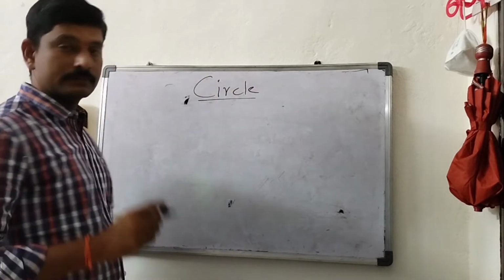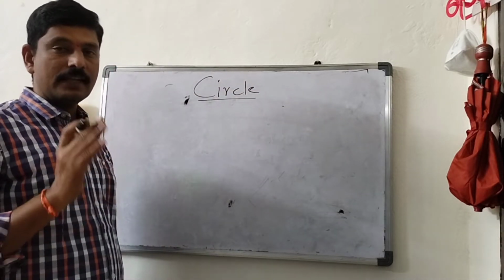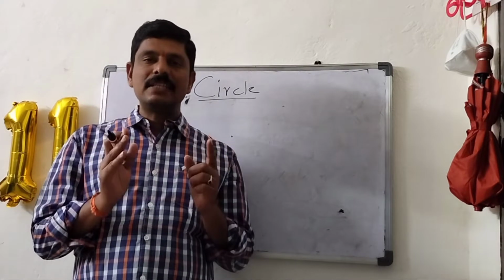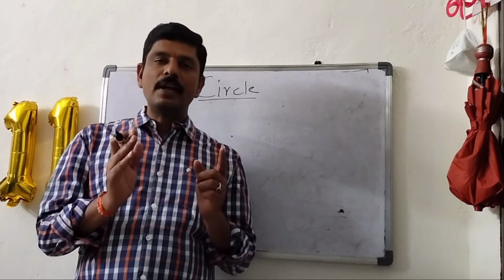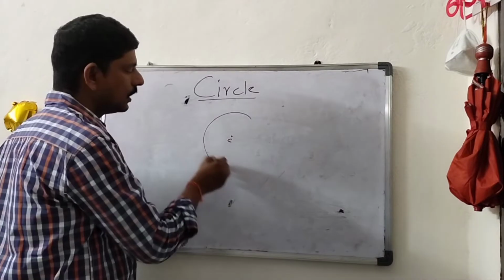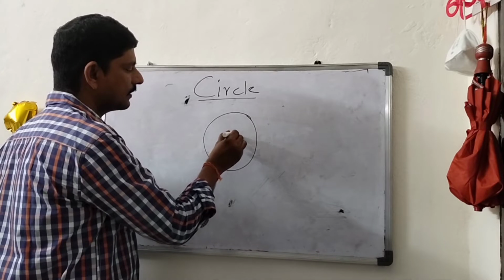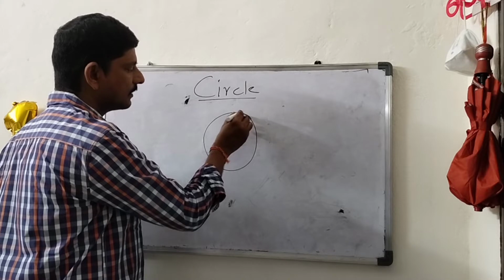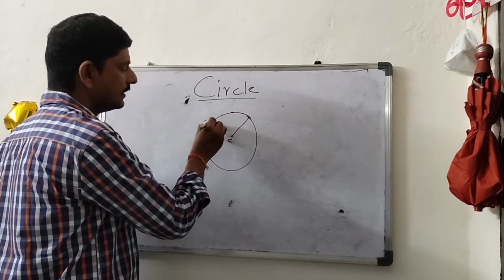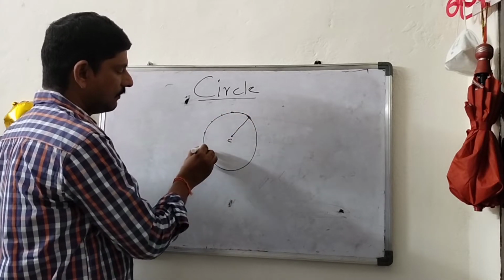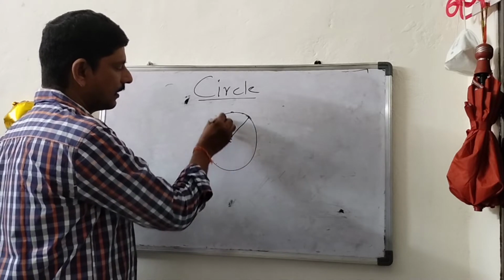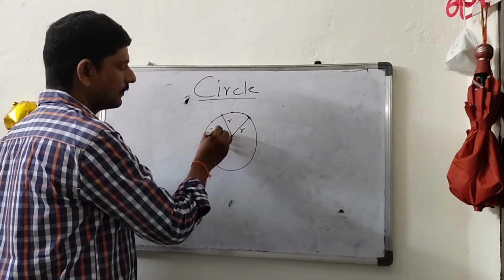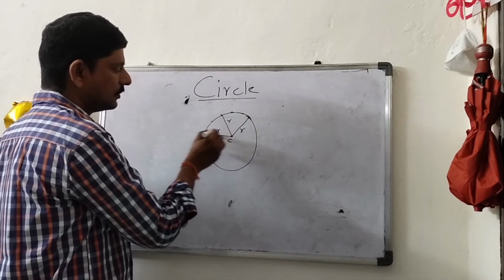So here, the definition of circle: a locus of the point such that the distance from a fixed point to it is always constant. That means all the points that lie on this geometrical figure are at a constant distance. The distance from this to this is same, and this to this is same, and this to this is same.